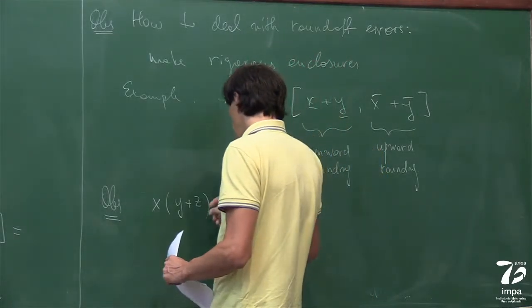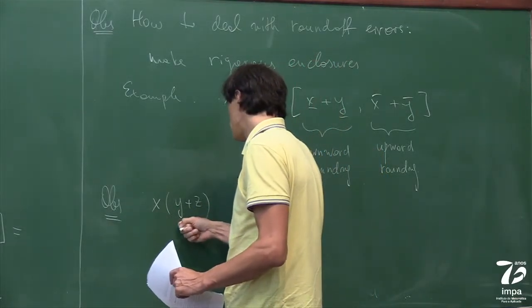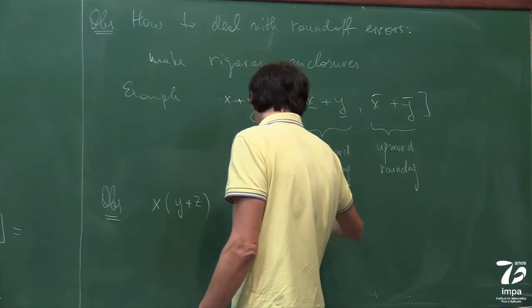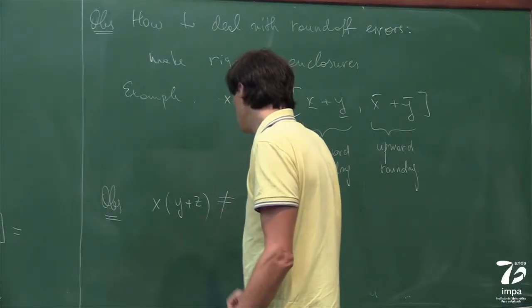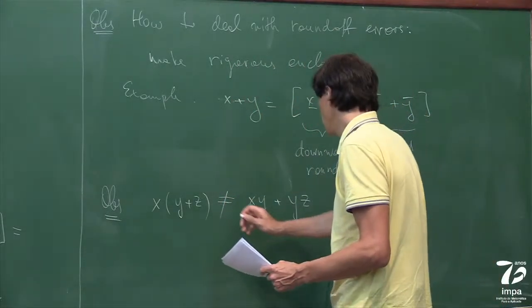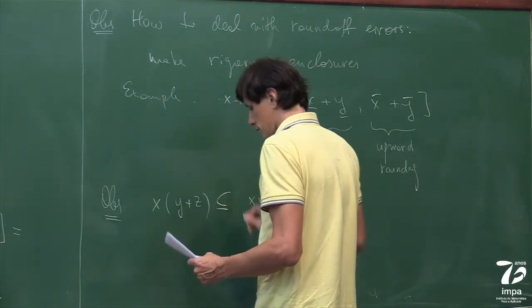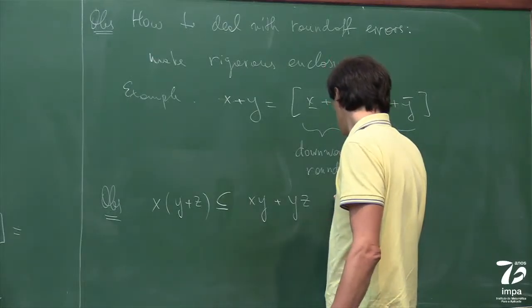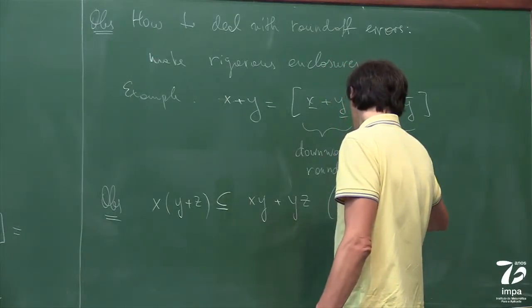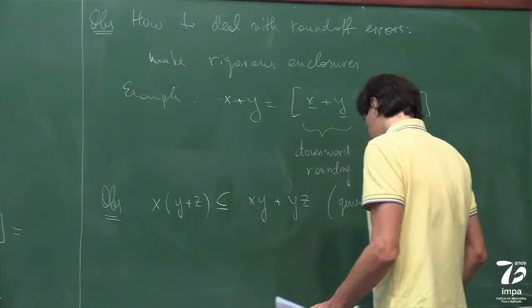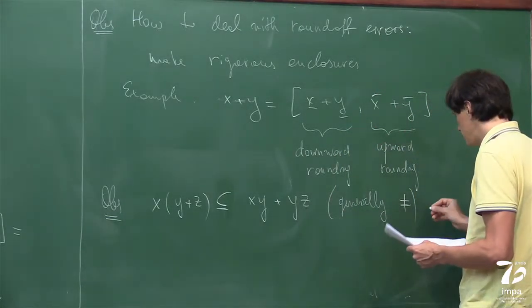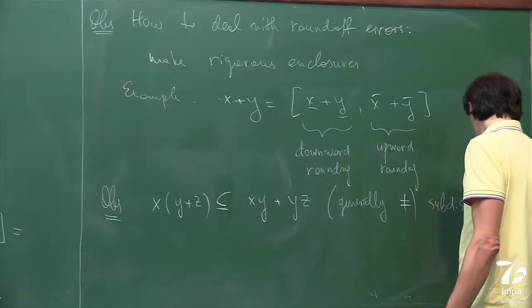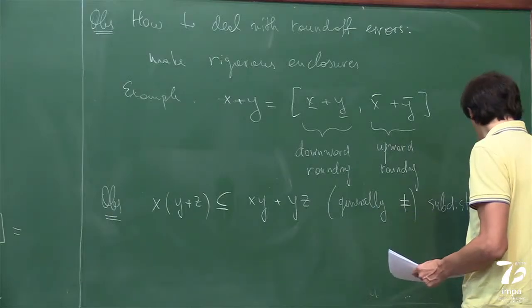For example, if you take a sum first and then a product, or you take two products, they are not generally the same. Not generally the same, but in fact, the first is a subset of the second. So generally not equal. This is what's called the subdistributive property.